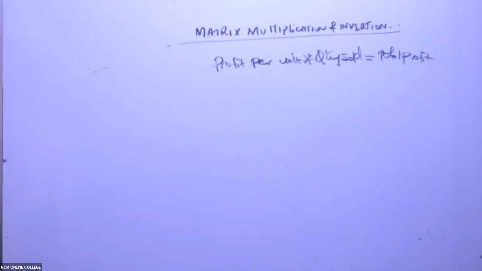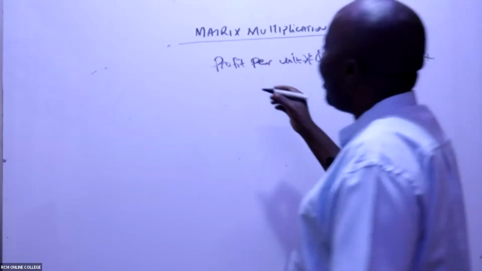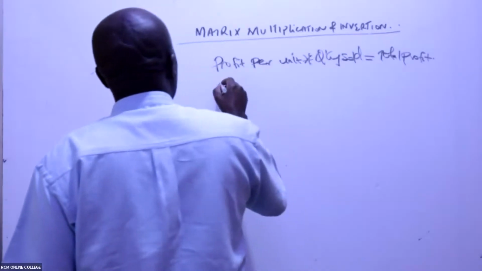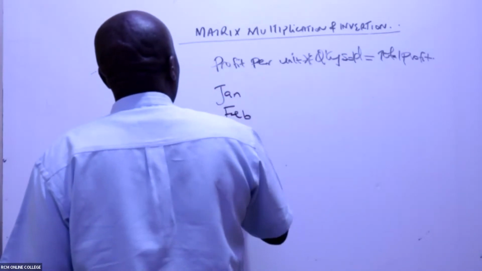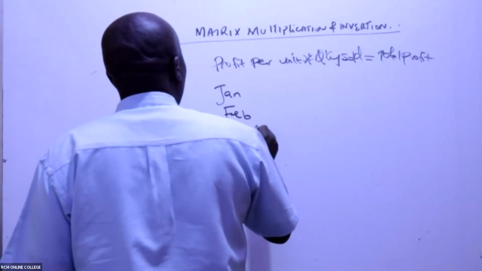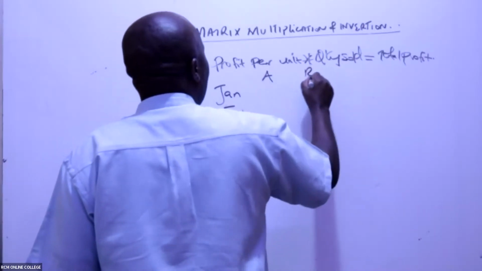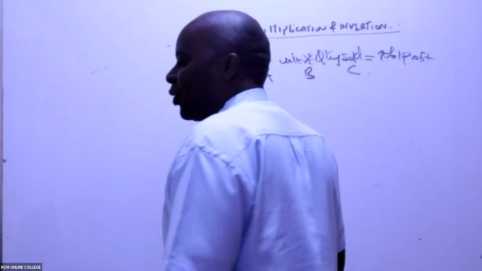So if they want me to give them total profit, I will take profit per unit times quantity sold to get my total profit. This profit per unit has been given on a monthly basis. We have January, we have February, we have March, for products A, B, C, in the form of a matrix.